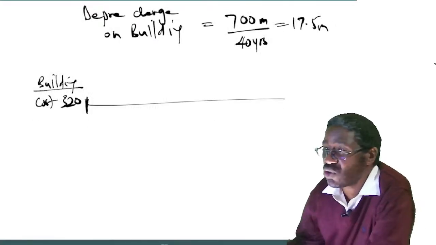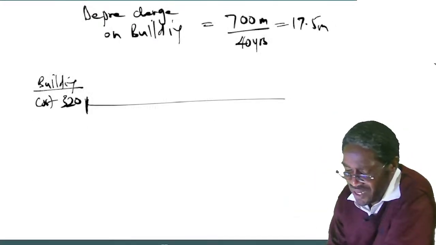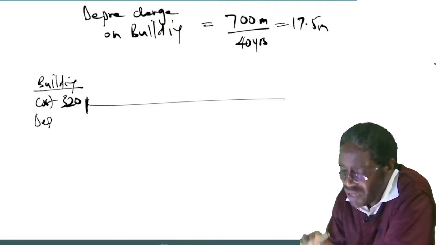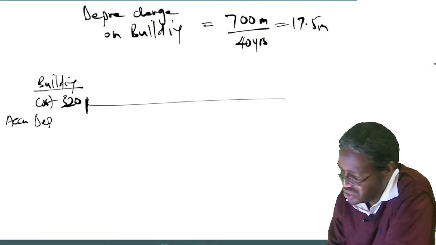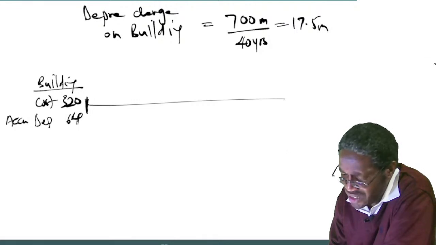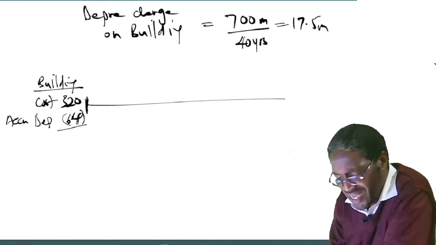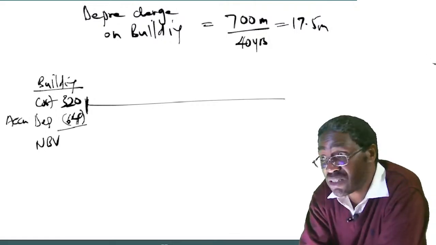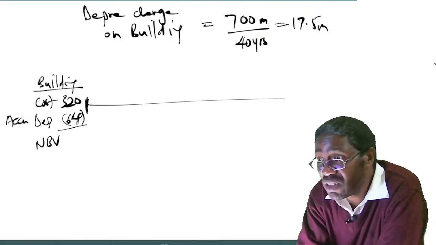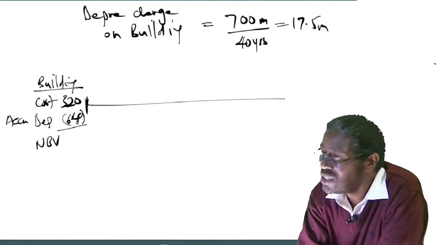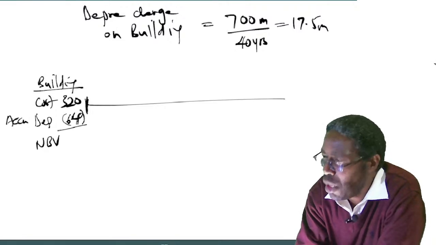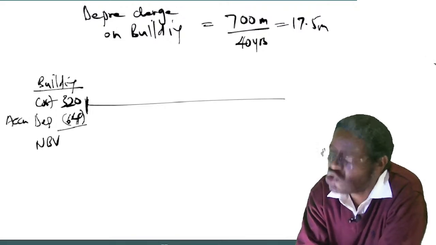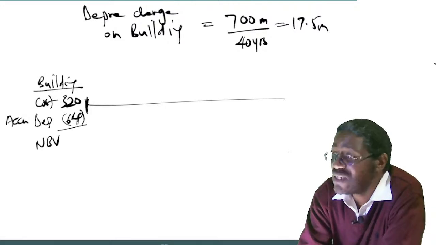So if the cost was 320 and the accumulated depreciation was 64, the examiner wanted you to know the net book value of the building as at the beginning of the year. It is not 320. Yes, 320 was the cost, but it had so far been cumulatively depreciated by 64.